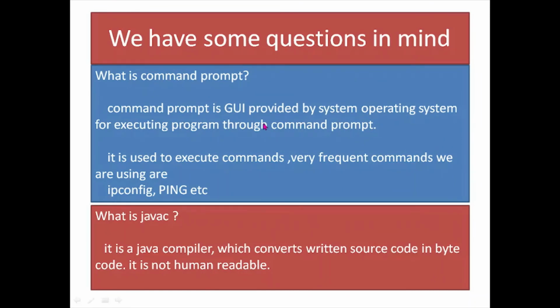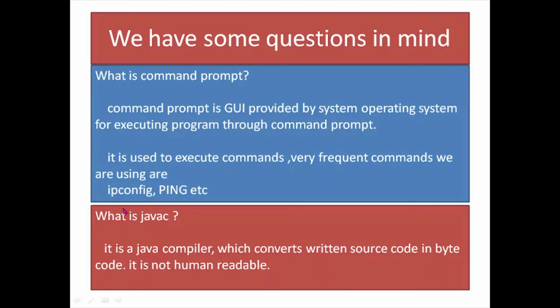This is a user interface which we use to execute and test operating system commands and take an output. So it is used to execute commands. Very frequent commands we are using are ipconfig, ping, etc. Mostly you people use these in your daily practice.